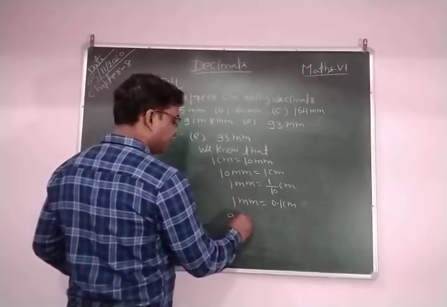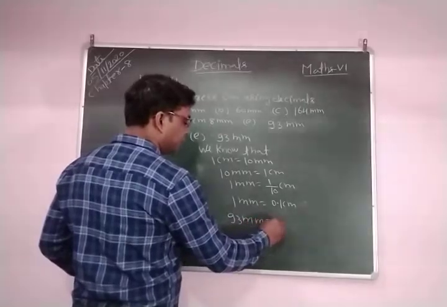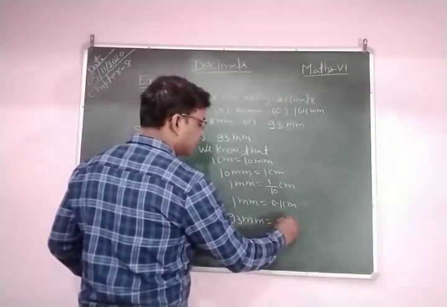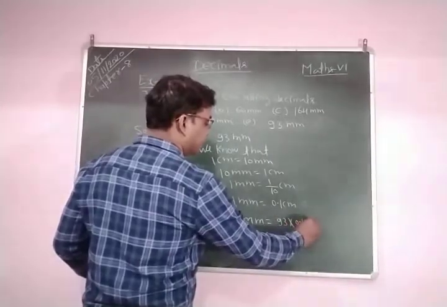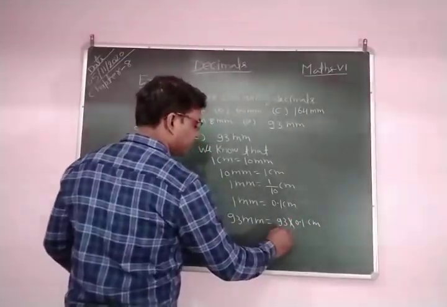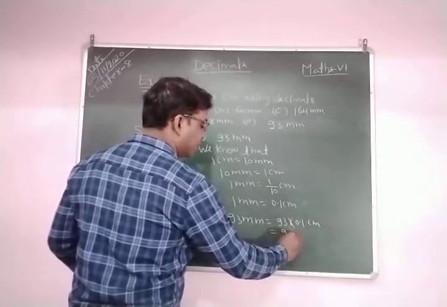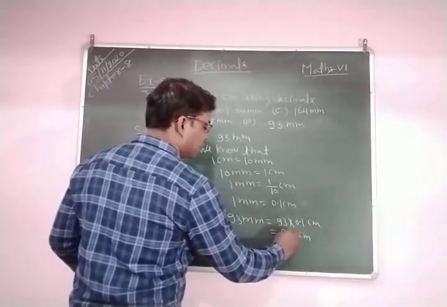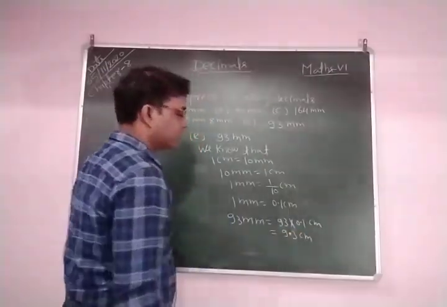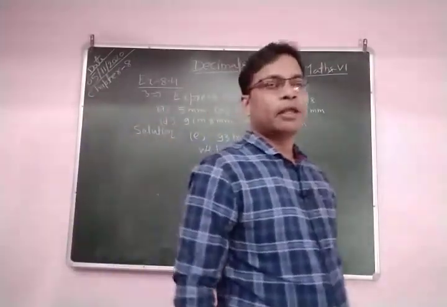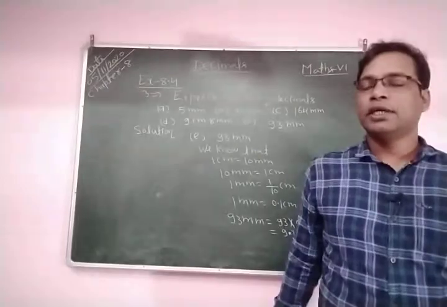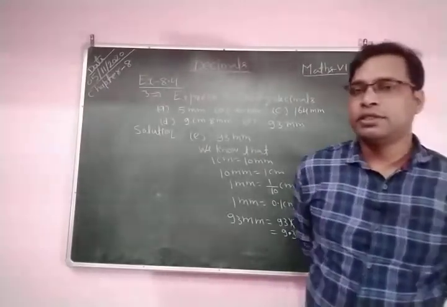93 millimeter is equal to 93 into 0.1 centimeters. This is equal to 9.3 centimeters. So in this way you can see we express 93 millimeter. This becomes 9.3 centimeters.